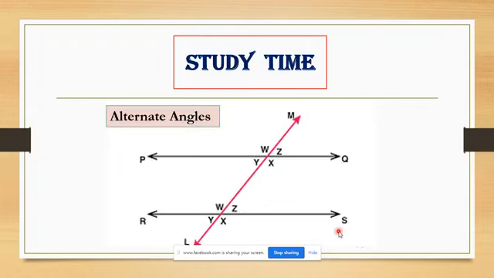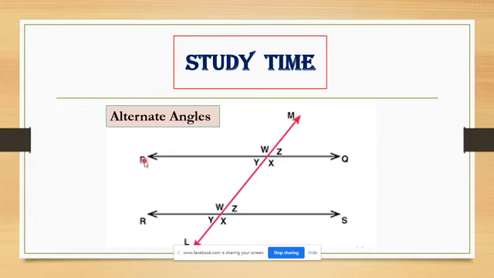Next, this is a figure for you. I have just drawn different types of figures, and there are many ways of drawing such figures and naming them. So I tried the varieties of naming the angles and lines.